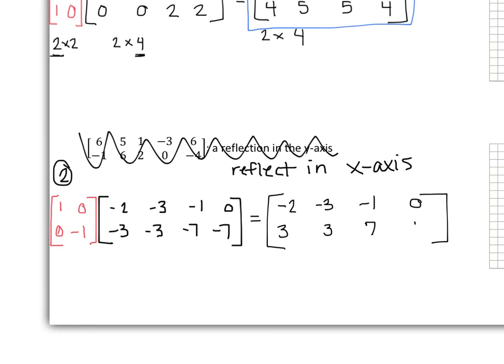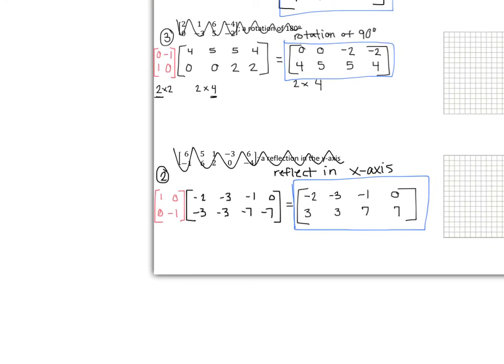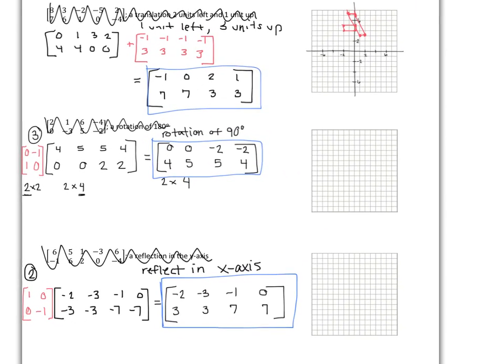Positive 7. Positive 7. On that one, this 0 made everything on the top not matter, and all we had to do is multiply the -1 by what was on the bottom. So just change those signs. Write that matrix down on your homework paper, and then go graph it. I'll graph it on my graph. You graph it on your homework graph.